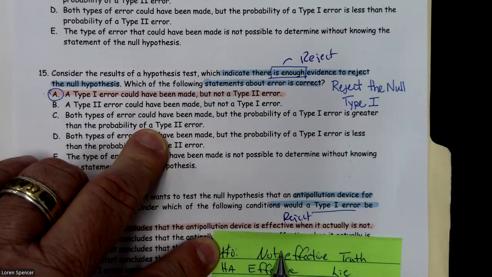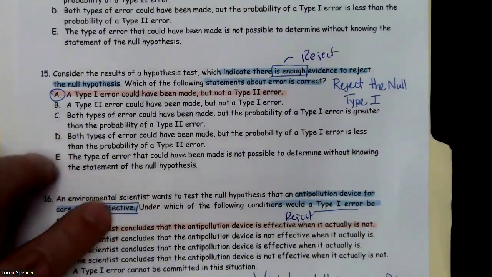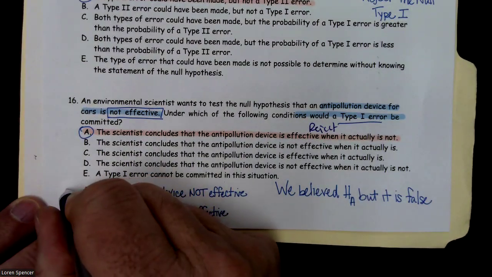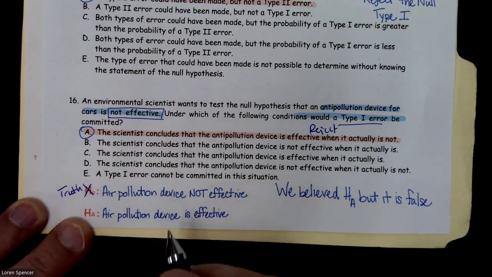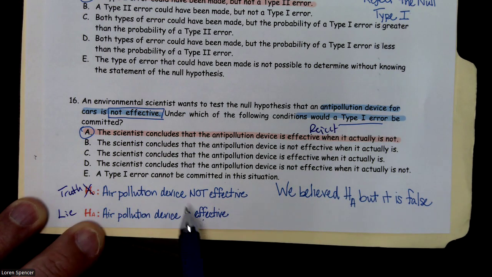All right, it's actually not effective, and we believe that it is effective. The scientists conclude the device is effective when it's actually not effective. So once again, this was the truth, but we rejected it. This is the lie, and this is what we believed. So we believed that it was effective when in fact it was not.